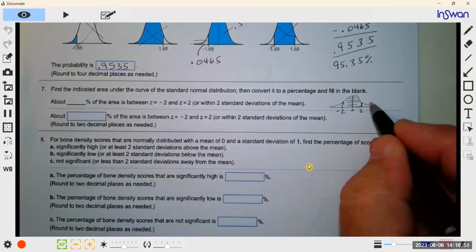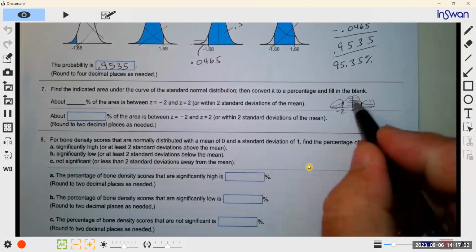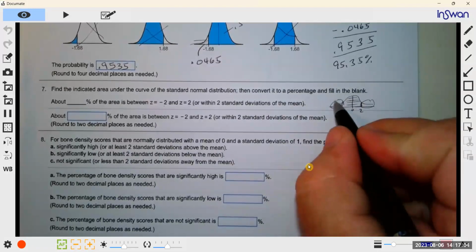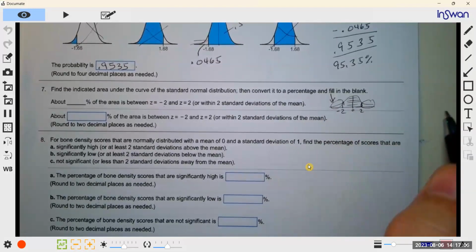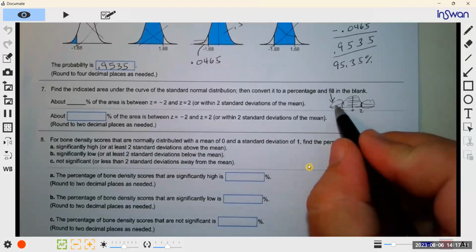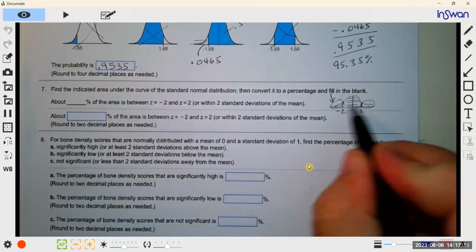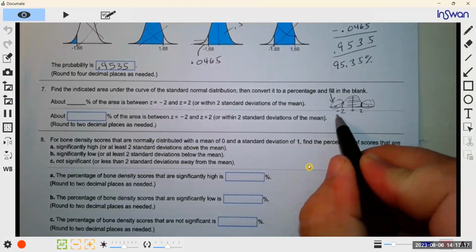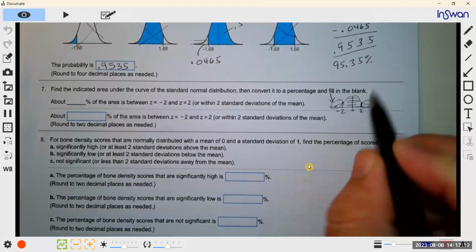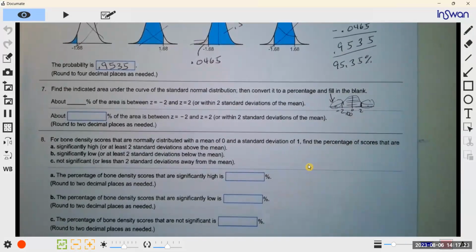Since these two areas are the same amount, because it's symmetric, once we find this area, this percentage, we multiply it by 2 and subtract it from 1, because if we multiply by 2, we get both of those. So we're looking for what is to the left of negative 2.00.